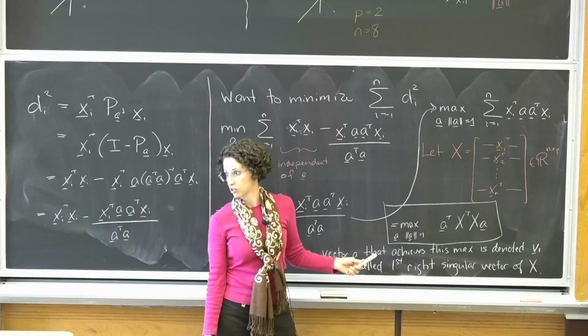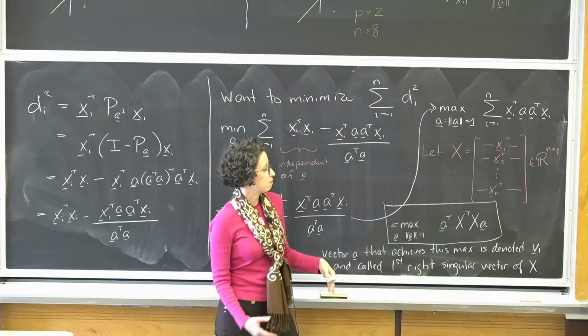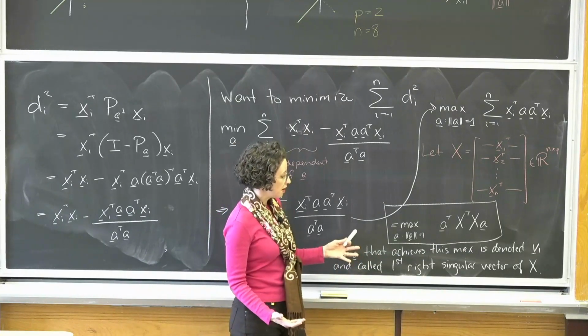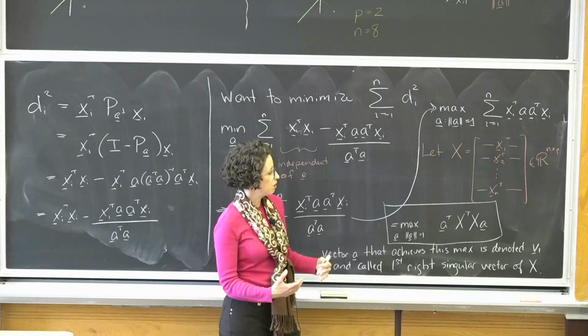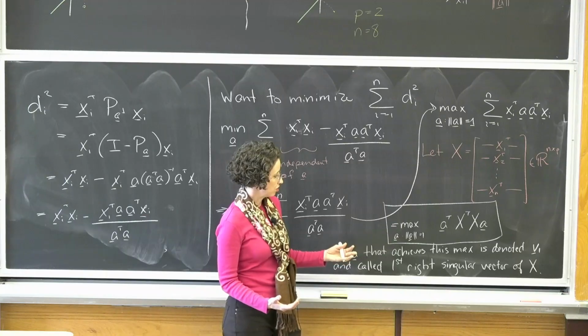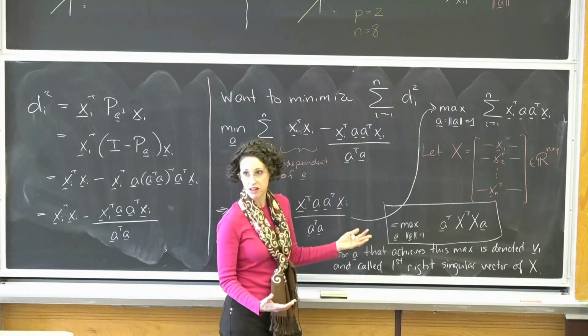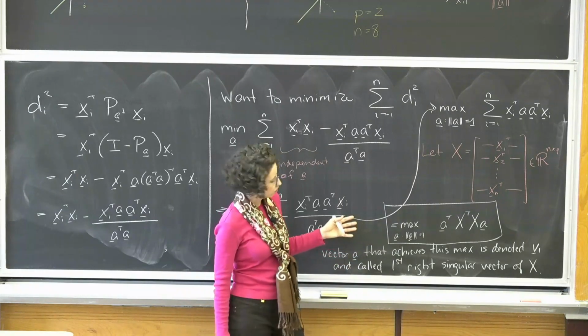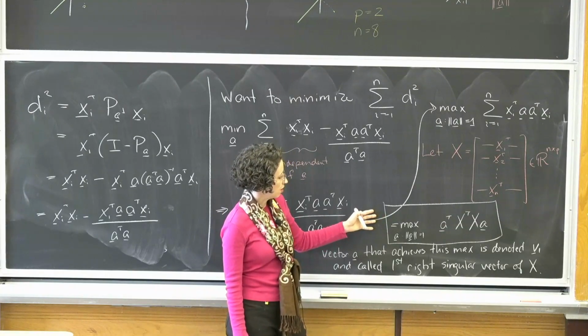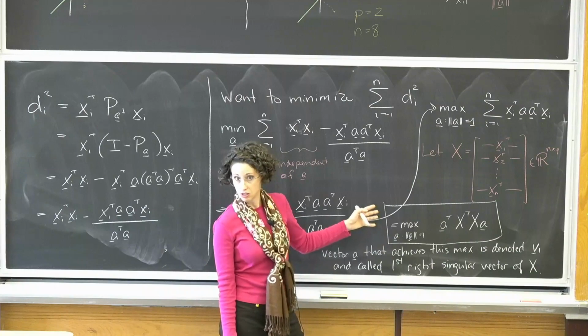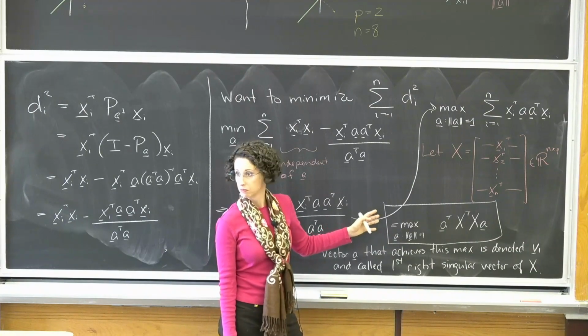In this class, we're not going to talk about those methods. They're beautiful code bases, mostly written in Fortran, that do that for us. And so we will use software packages that will compute singular values and singular vectors. So it's important to understand what it's doing, but this is not something you can just solve easily on your own. Okay.